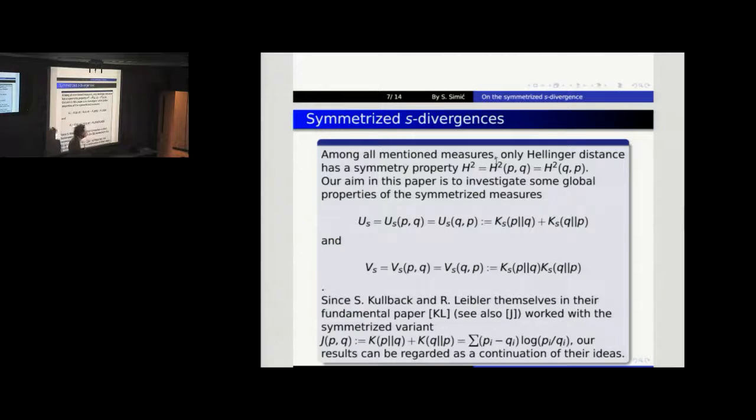And now it has a name, the Jeffreys divergence, that originally comes from Kullback and Leibler. So this idea of Kullback and Leibler, now we make this not only as a sum as they did, but also as a product as well.